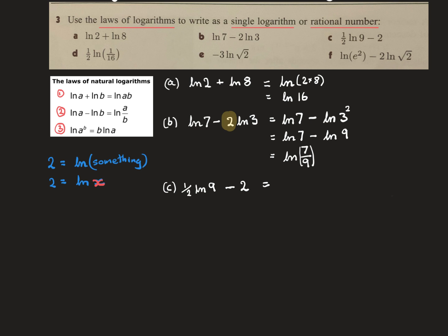Well, we do know that this is to the base e because it's an ln and we don't usually write this there. So I'm going to write the equivalent exponential form, which is going to be x therefore is equal to e to the power of 2.